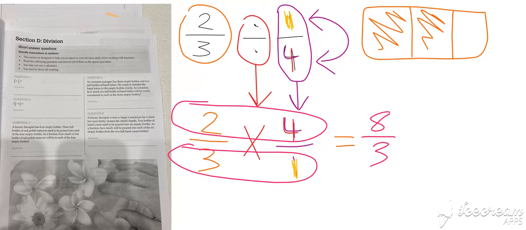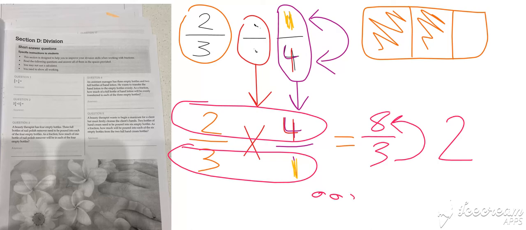So what we have to do is say, okay, how many times does this bottom number fit into this top number? So if I think up to my 3 times tables, I know I've got 3, then I've got 6. If I go to 9, that's too big. So I'm going to be able to fit 2 whole groups of 3 in.